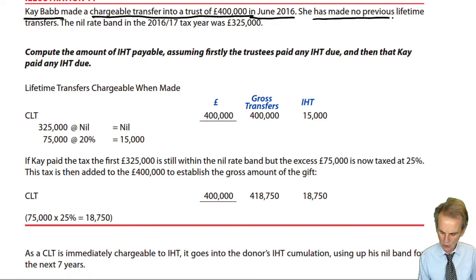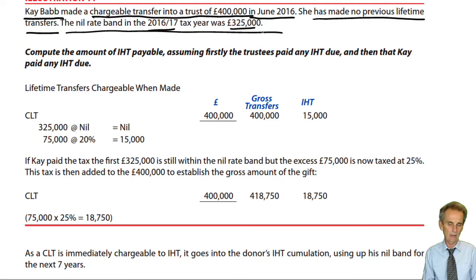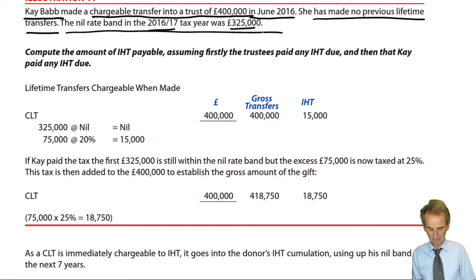She has made no previous lifetime transfers. Remember, IHT is a cumulative donor-based tax. More of that as we go through this section. The nil rate band, as you already know anyway, back in the tax year 16-17, was 325,000. So we've had that since 09-10.